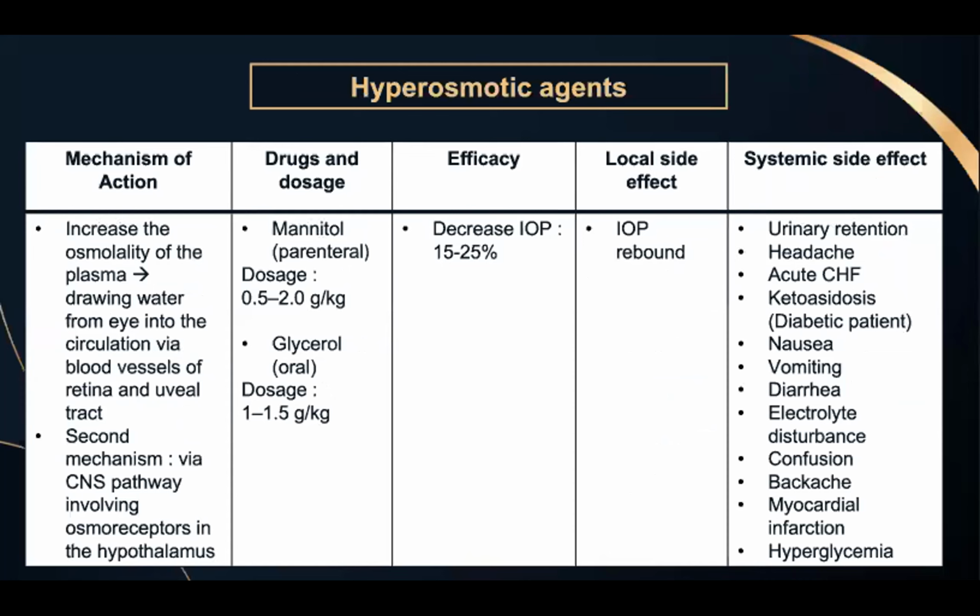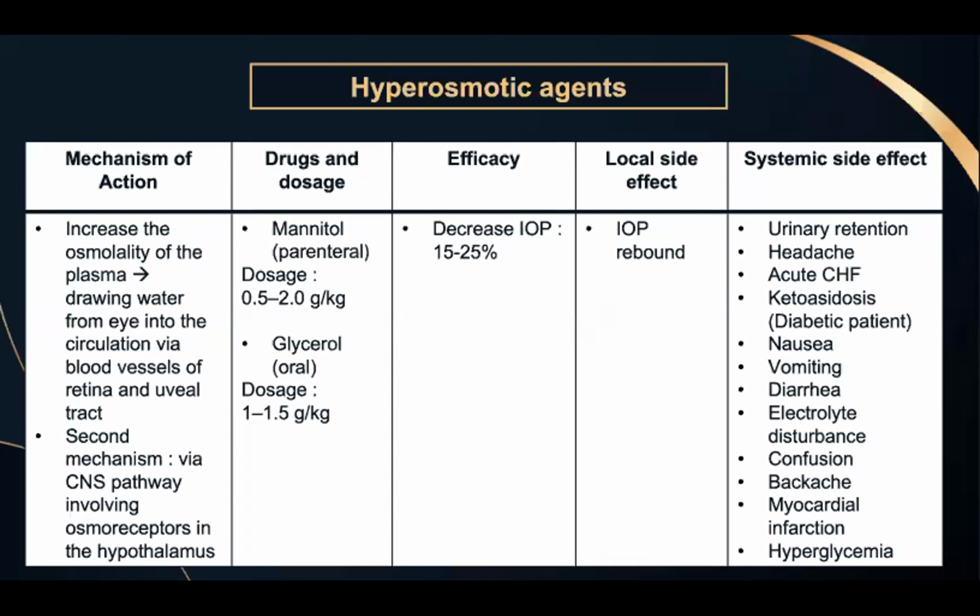The next one is hyperosmotic agent. Hyperosmotic agents increase blood osmolality, creating an osmotic gradient between the blood and the vitreous humor that draws water from the vitreous cavity to the circulation and reduces the IOP. Because of the increased gradient, the higher the dose we administer and the more rapid the administration, the greater the IOP reduction will be.